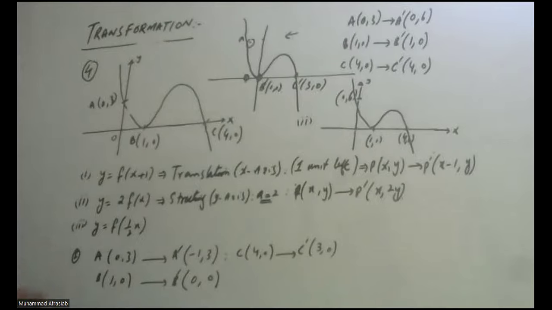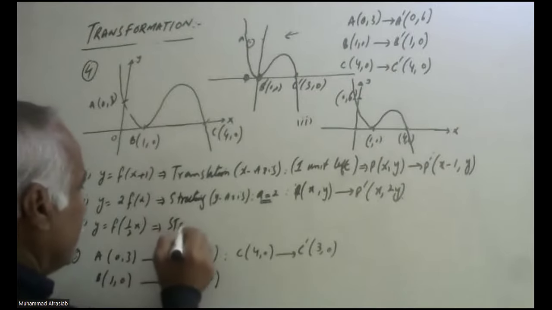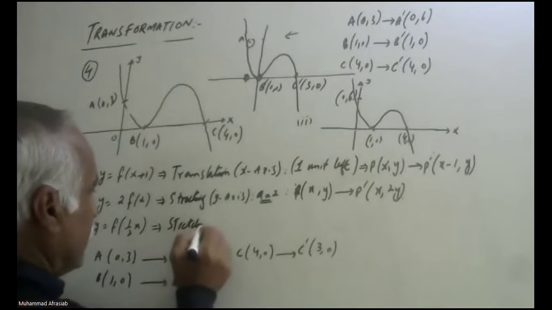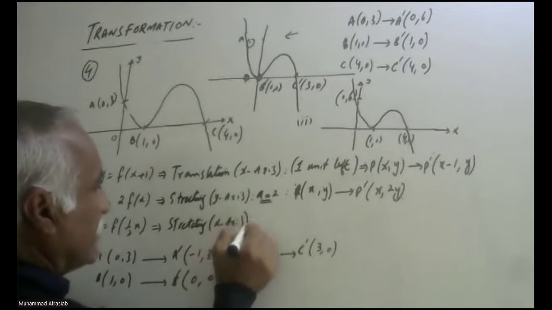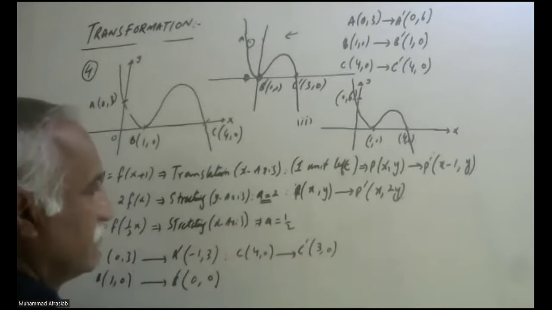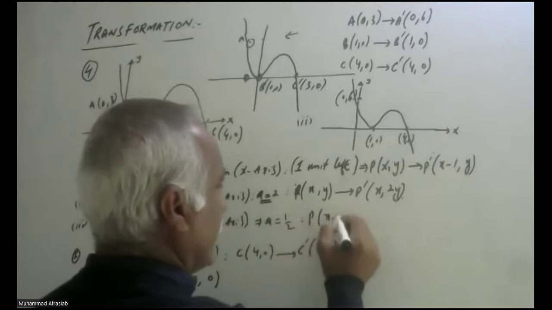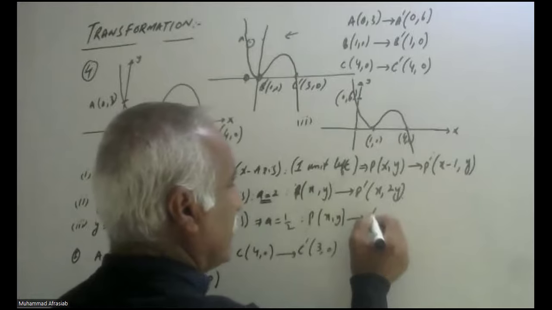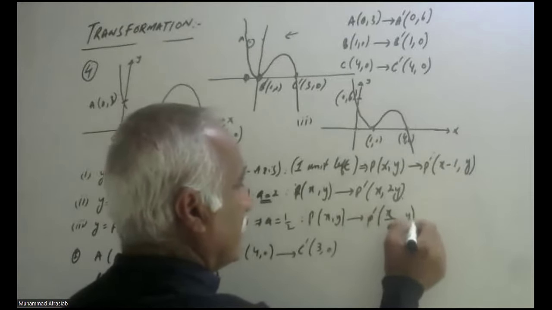Then the third part, y is equal to f of half x. So it will be stretching about the y-axis with the scale factor half. And according to these points, P (x, y), then P dash will be equal to (x over a, y).